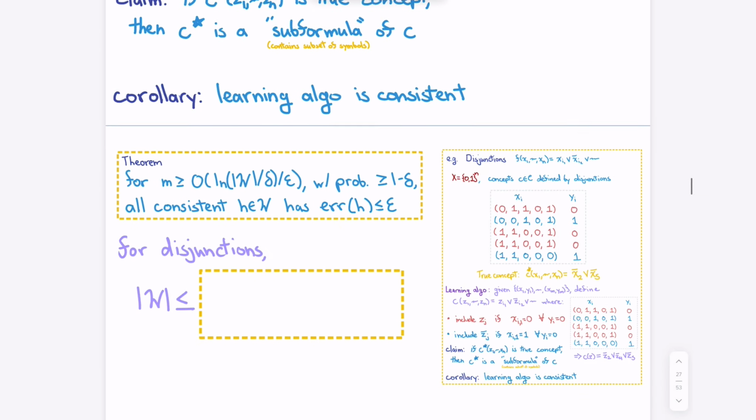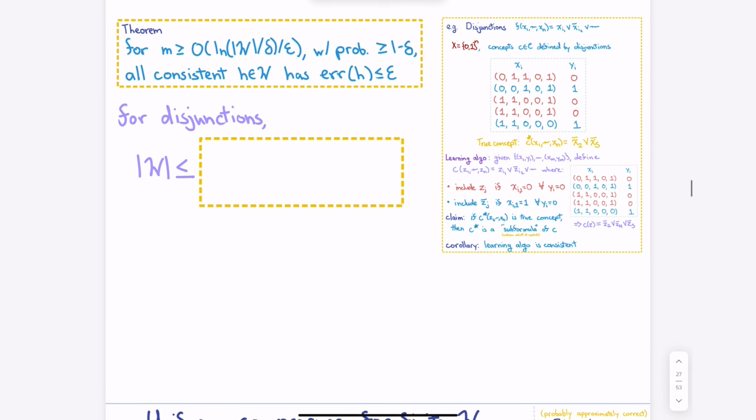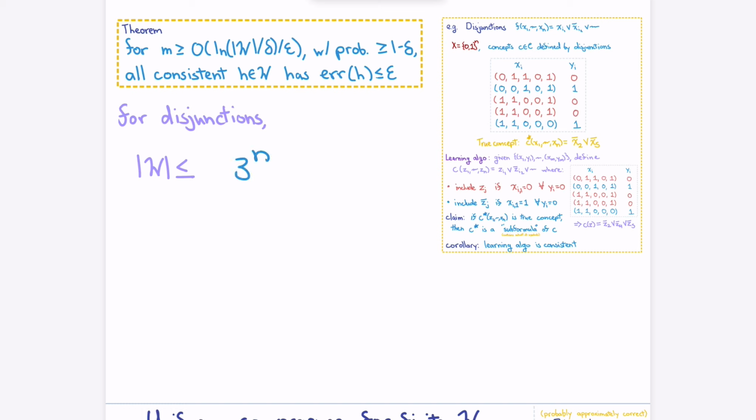And, okay, so for disjunctions, how big is the hypothesis class? I guess 3 to the n? Okay, so I guess each variable you can include positive, negative, or leave it out. 3 to the n.